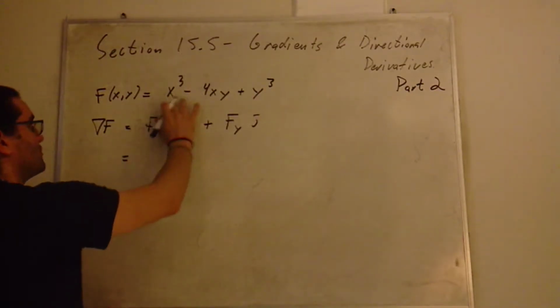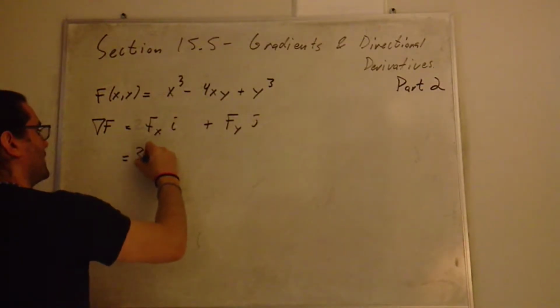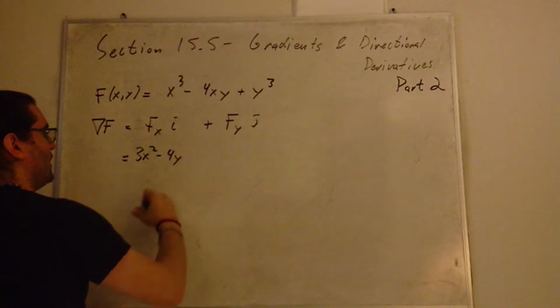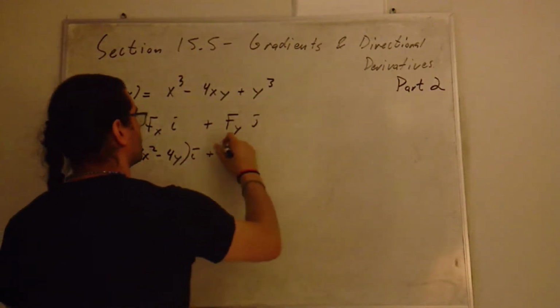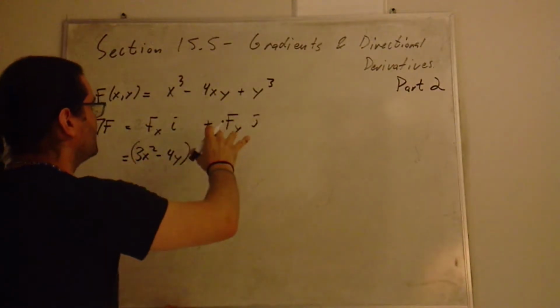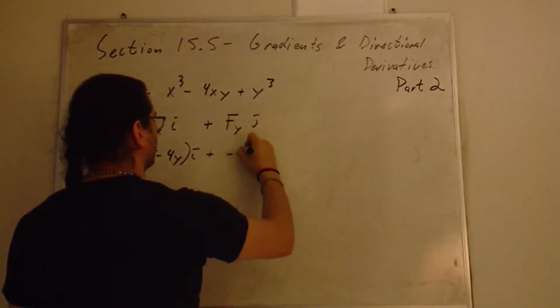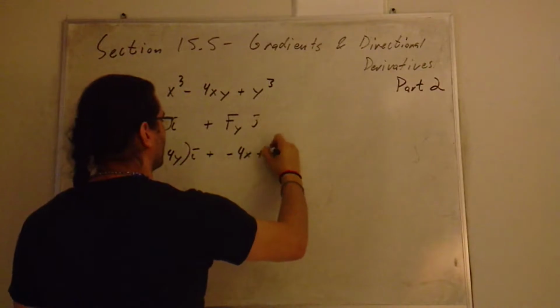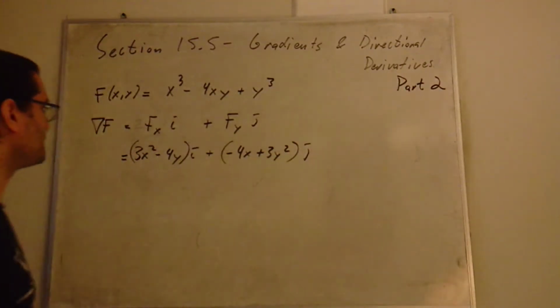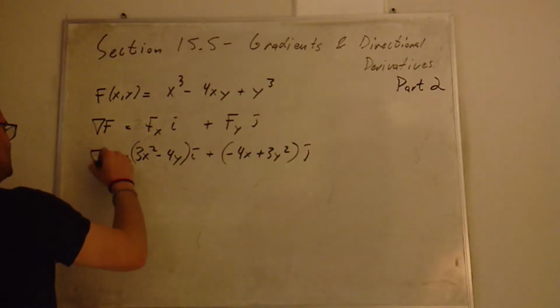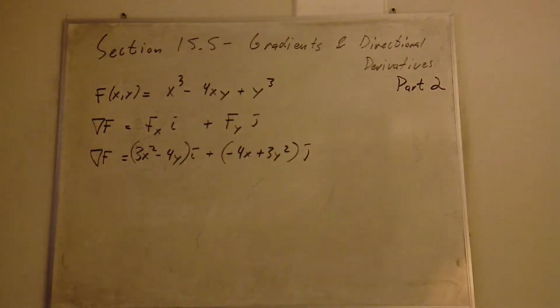And so the partial with respect to x here should be 3x squared minus 4y i plus partial with respect to y here should be negative 4x plus 3y squared j. This is the gradient of f.